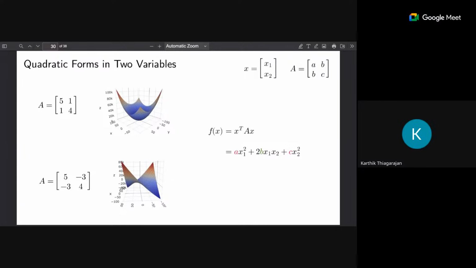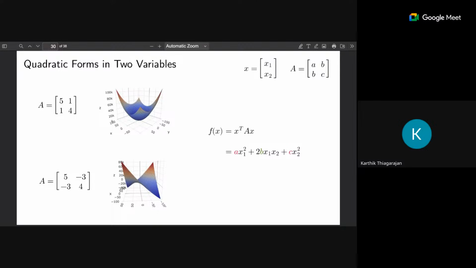So what exactly is a quadratic form? Depending on whether it's positive definite, positive semi-definite or indefinite, the shape will change. In this case, you have a positive definite quadratic form, meaning A is positive definite. Therefore, you will have a convex bowl, where the minimum is at 0, 0, and everywhere else the function increases away from 0, 0.